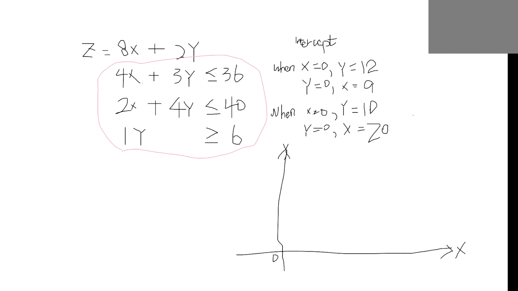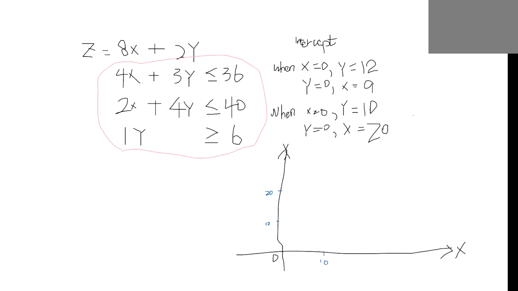So now I'm going to draw a graph. For the first graph, we learned that x is 9 and y is 12. So let's see here, 1, 2. Say this is 10 and this is 20. Scale is important, so be careful when you are drawing a graph like this.